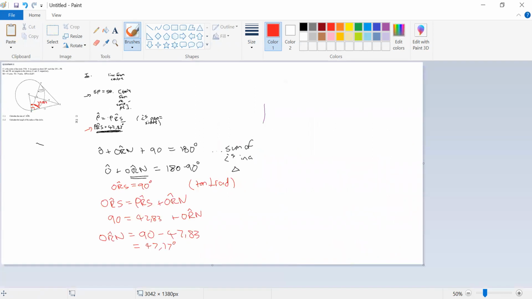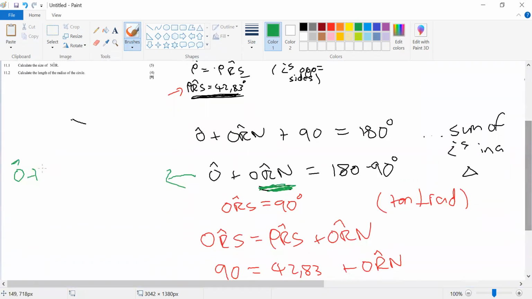All right. Now it may look like we're running all over the place, but now everything's going to tie together, because we needed to calculate ORN in this equation, right? So now what we're going to do is we're going to start working with this equation again by substituting angle ORN. So now what we will have is angle O plus 47,17, because that is what angle ORN is, equal to 90 degrees.